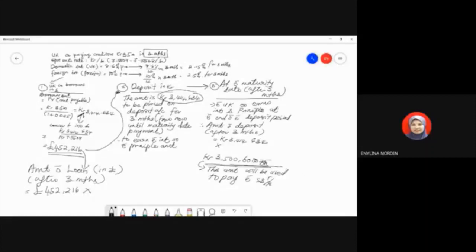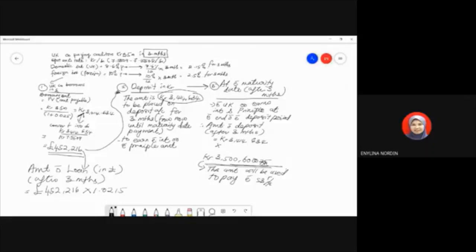So you are going to use the domestic interest rate already converted into the interest rate for 3 months, which is 2.15%. If you multiply by 0.0215, that is the interest amount only. But we want to know the whole amount of our debt to the bank, which is times by 1.0215.